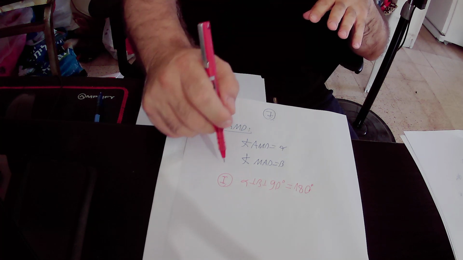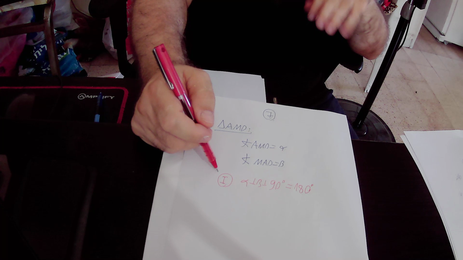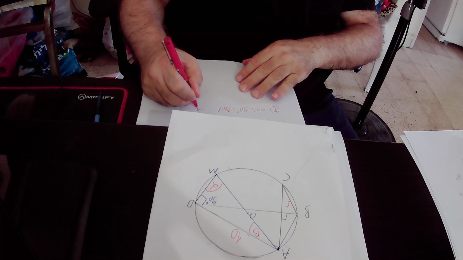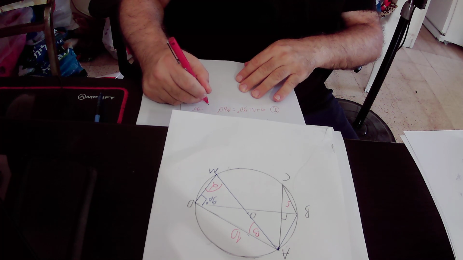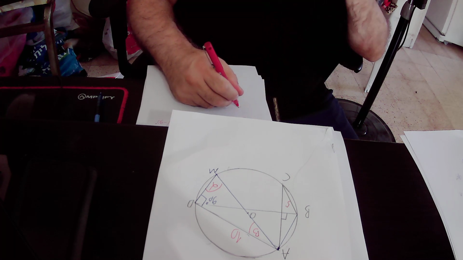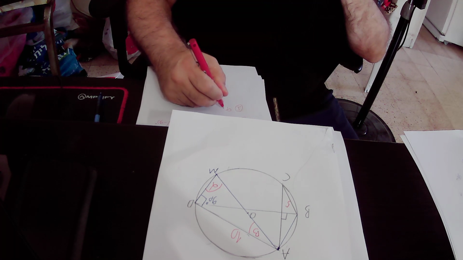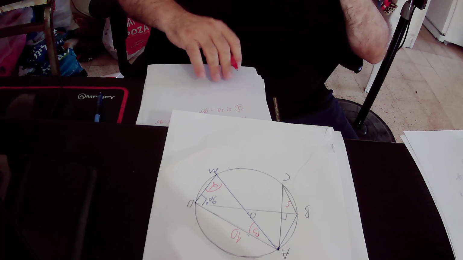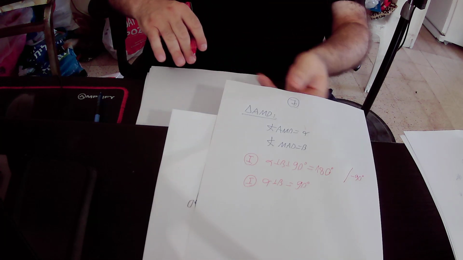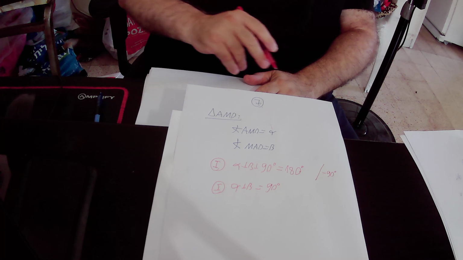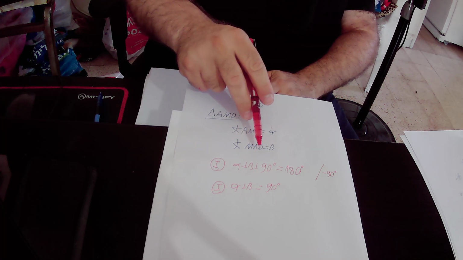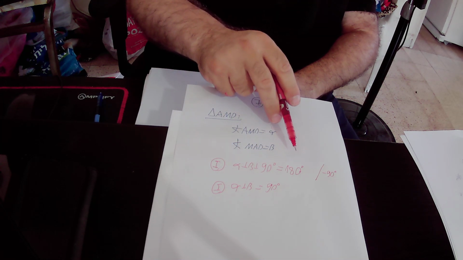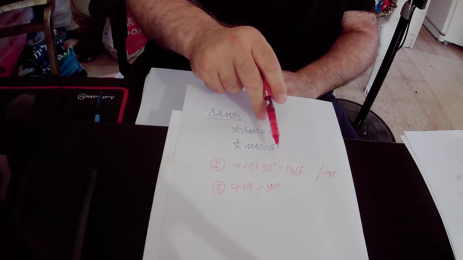Now we will subtract from equation number 1 90 degrees. So we subtracted from equation number 1 90 degrees. Alpha plus beta plus 90 degrees minus 90 degrees equals alpha plus beta, and 180 degrees minus 90 degrees equals 90 degrees.